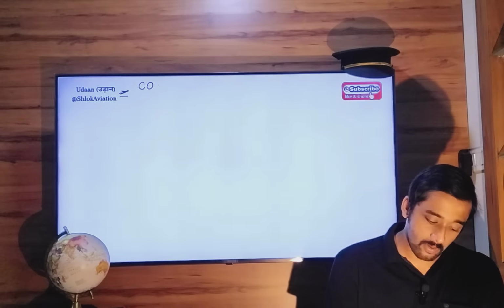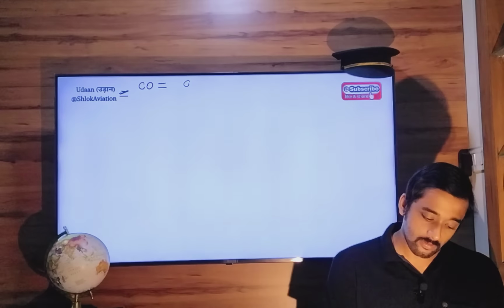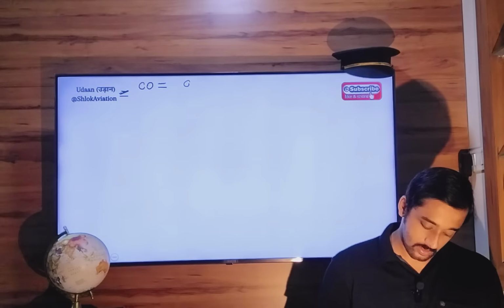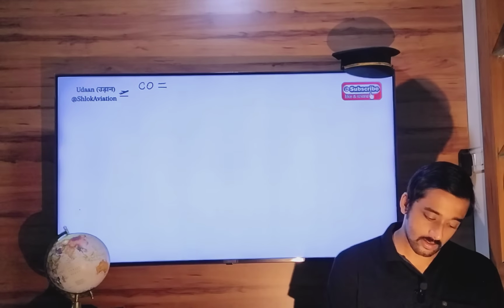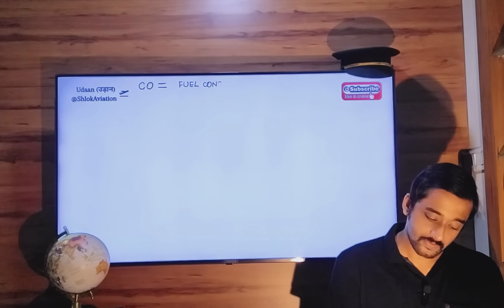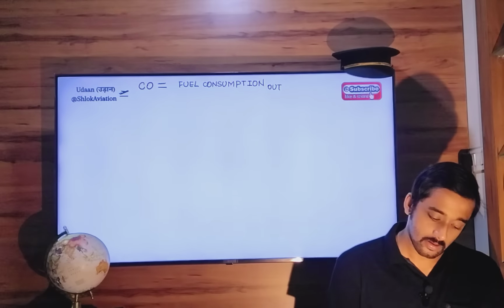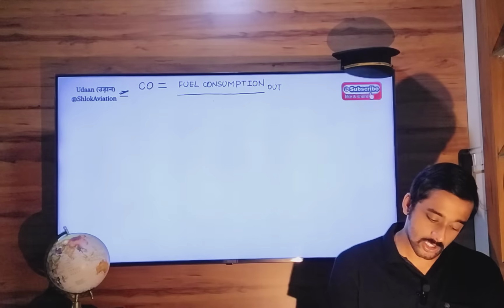So let's find out. Fuel consumption outbound equals fuel flow outbound divided by ground speed outbound.